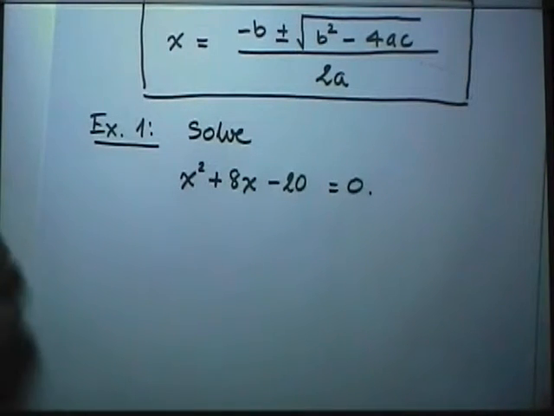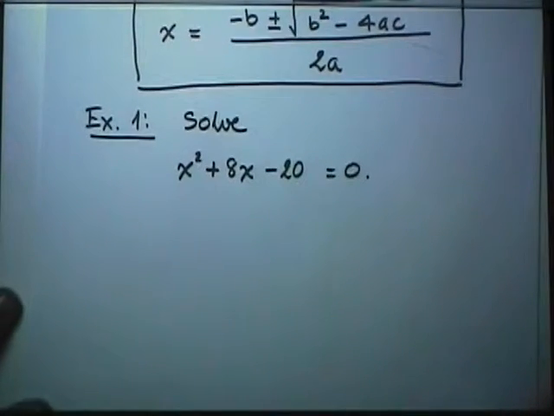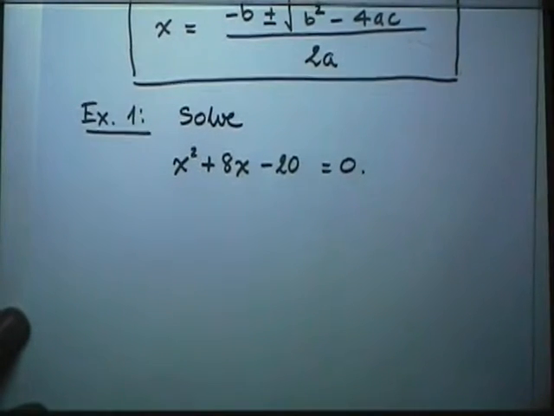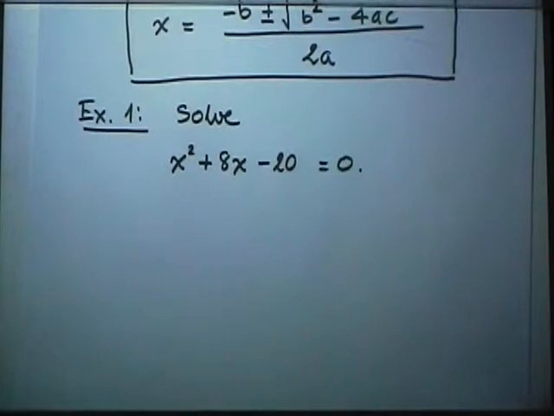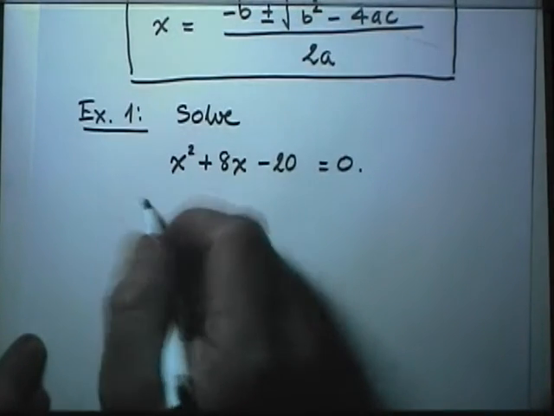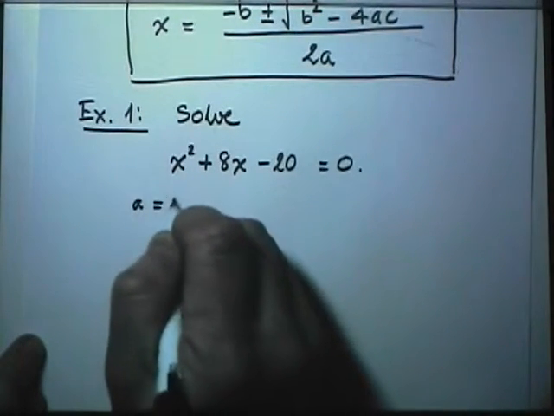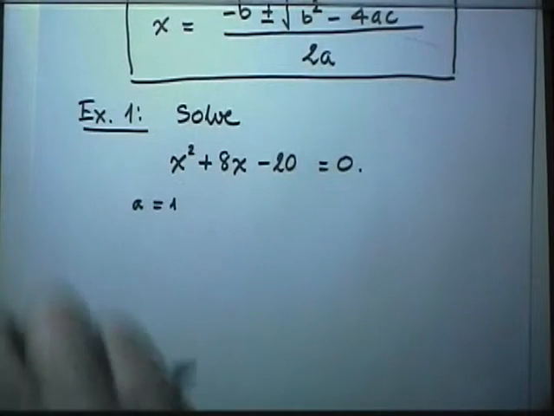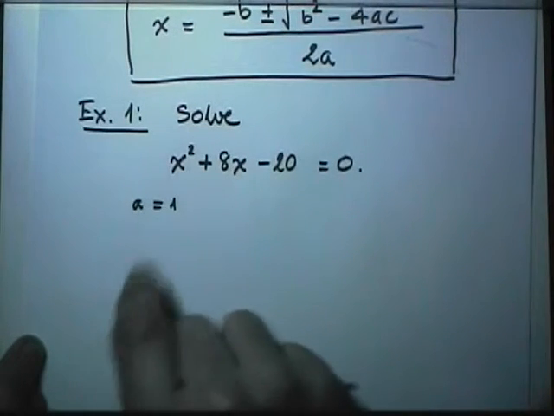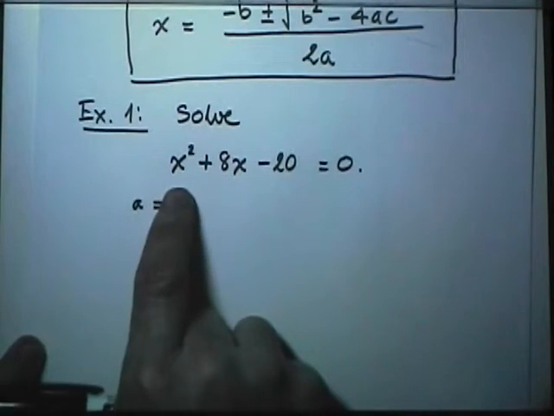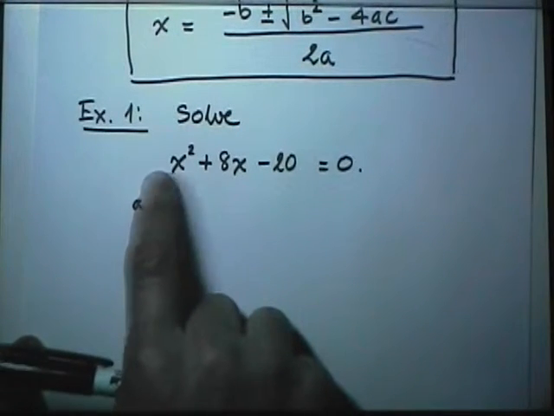The only thing you need to be concerned with when using the quadratic formula is that you have to be able to spot where the a is, where the b is, and where your c is. In my equation, the value of a is actually 1. You don't see it, but a is the leading coefficient, the coefficient in front of the x squared.